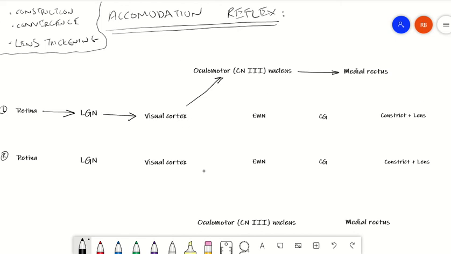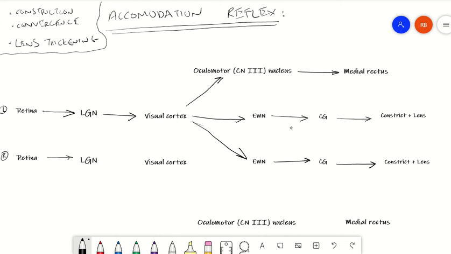In addition to that, both the Edinger-Westphal nuclei are stimulated, both ipsilateral and contralateral side. And from here, it follows a similar pathway to the light reflex. The fibers reach the ciliary ganglion and then produce constriction, but also lens thickening.